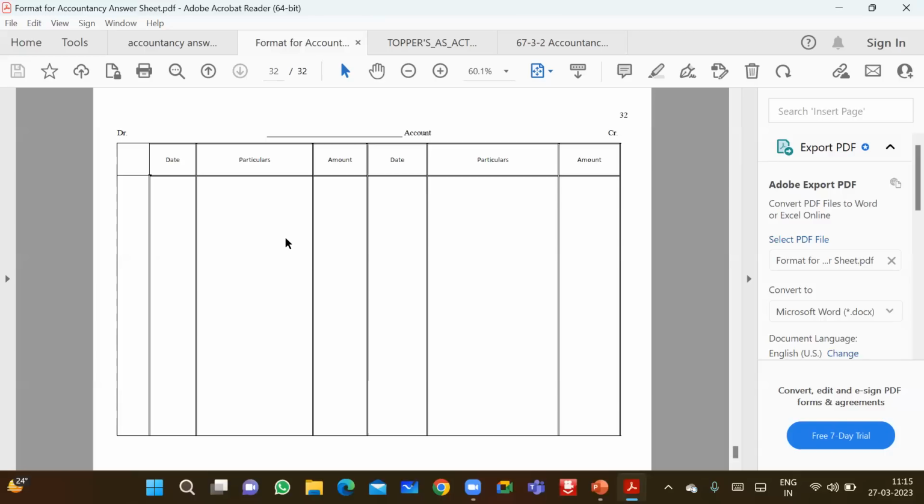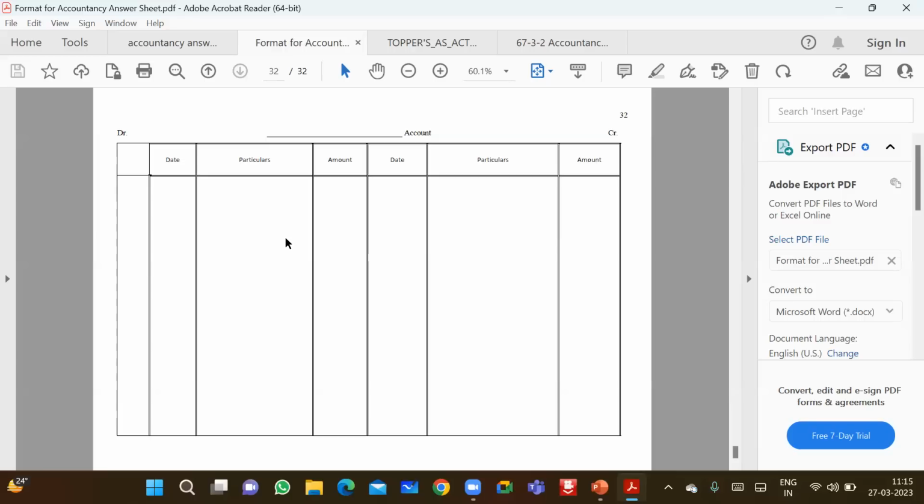So now we have to see that in the printed answer sheet, where we have the rule printed pages, then we have some printed journal book pages and the format of accounts, how we can use these three different type of sheets while attempting different type of questions.